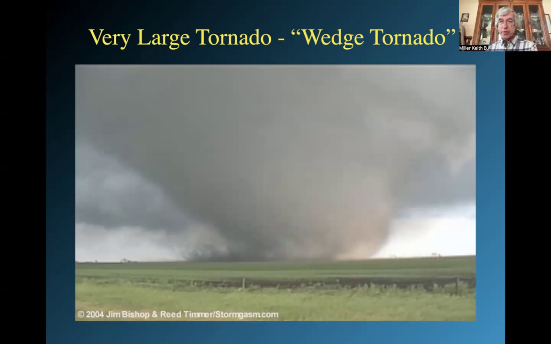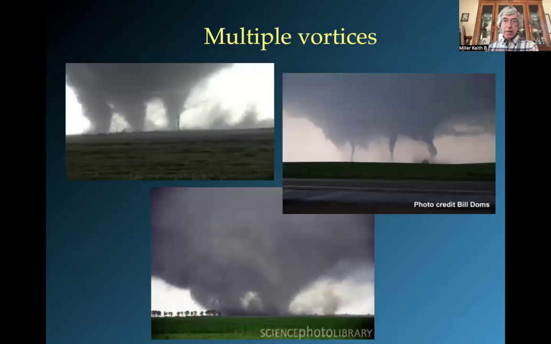These can have some of the most extreme cases of damage. And some, especially wedge-type tornadoes, can actually have multiple vortices that are rotating around each other inside of the larger wedge tornado. And these can be particularly destructive.